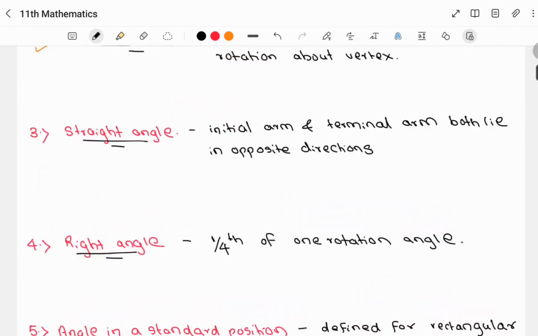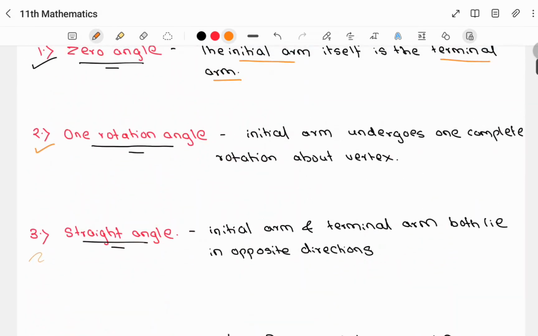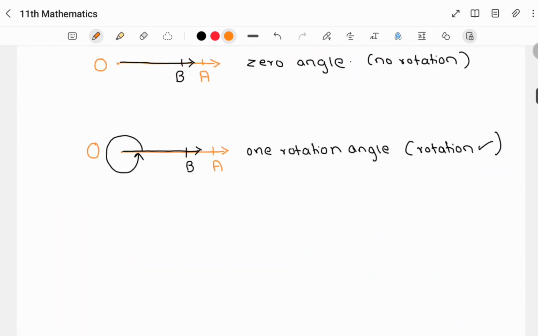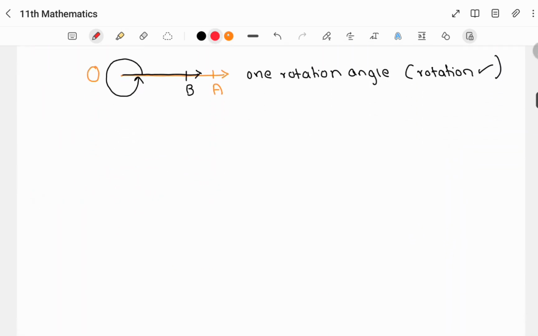Okay, now after one rotation angle we have a straight angle. In this straight angle, the initial arm and the terminal arm both lie in opposite directions. How do we show that? Let's have a look.